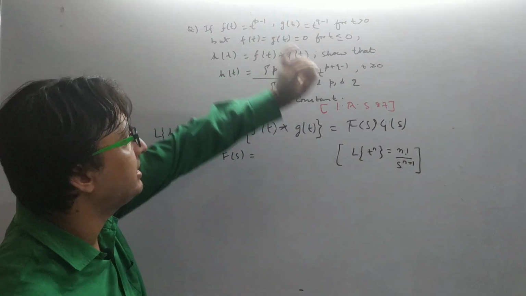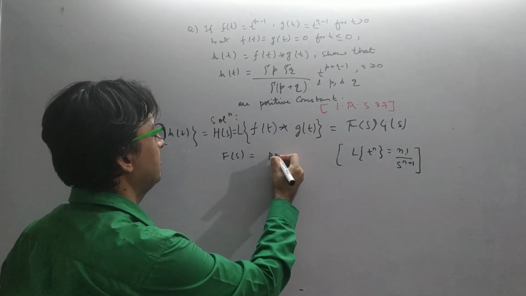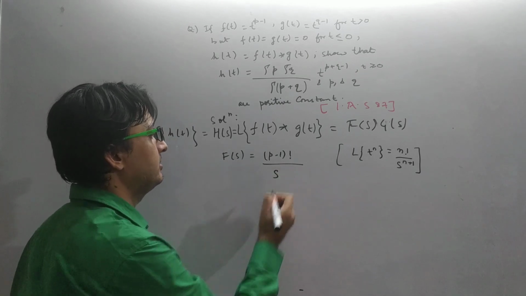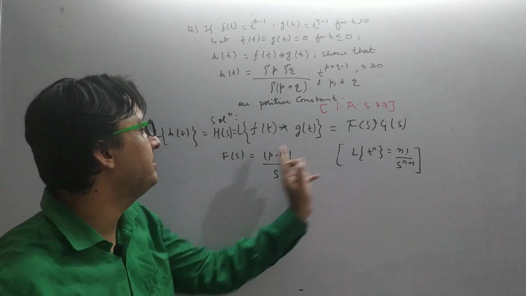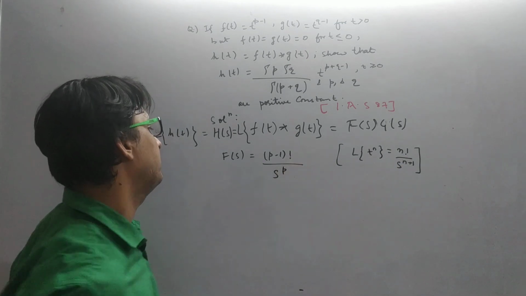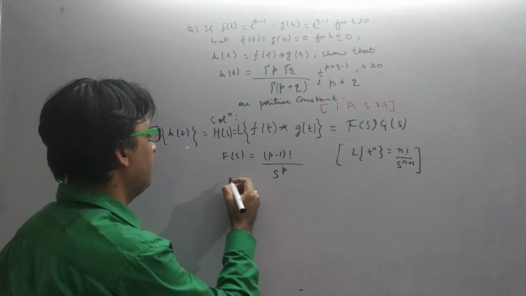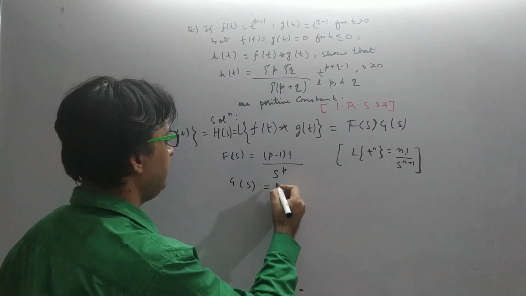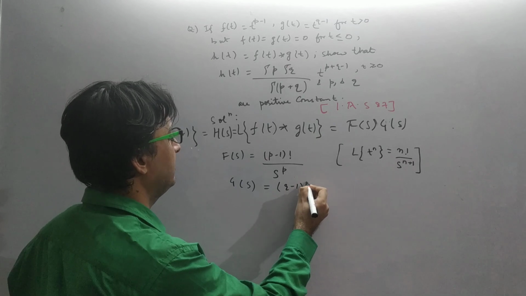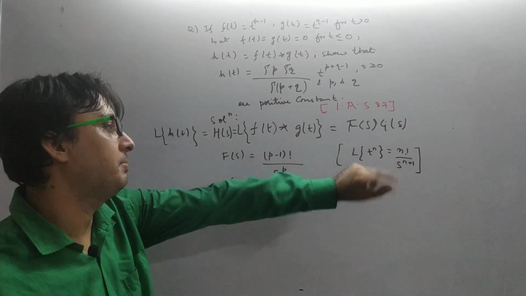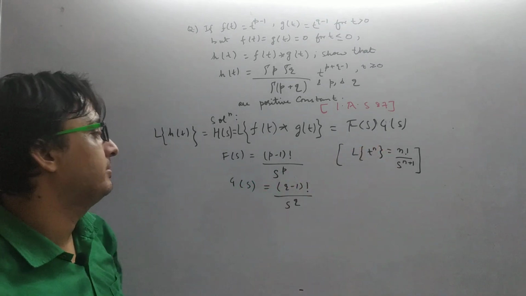Here n is p minus 1, so we get p minus 1 factorial divided by s to the power p, since n plus 1 is p. Similarly, we can find G(s). This is equal to q minus 1 factorial by s to the power q. The same thing applies. Here n is q minus 1.